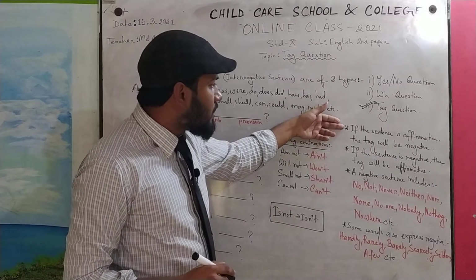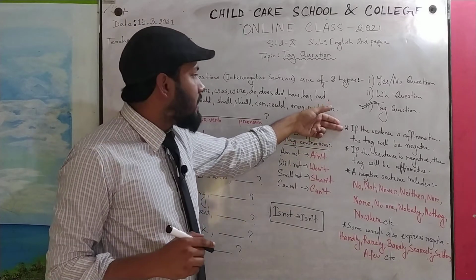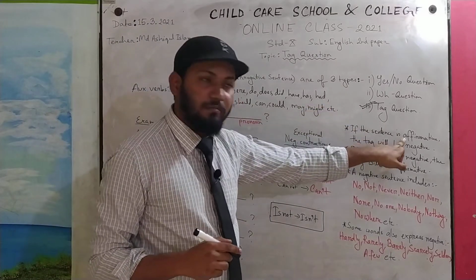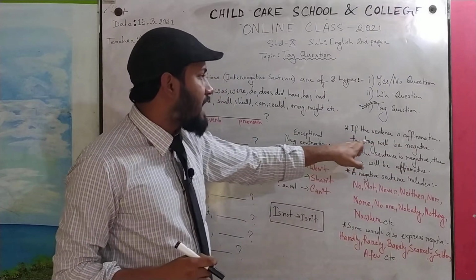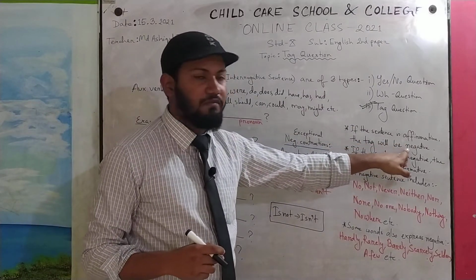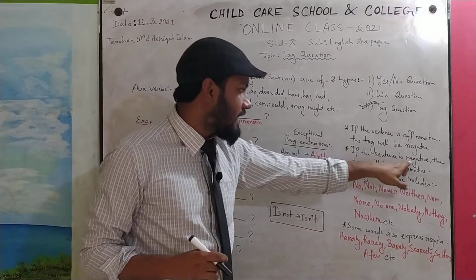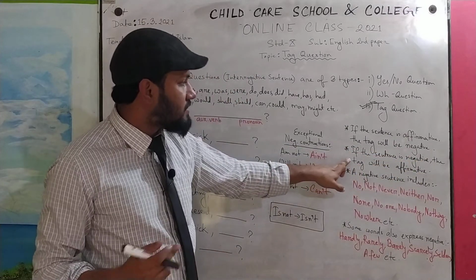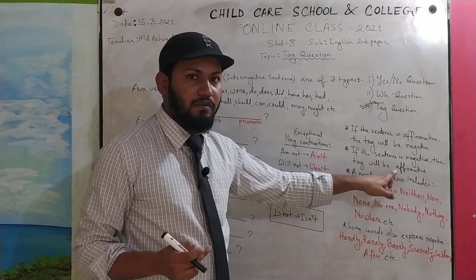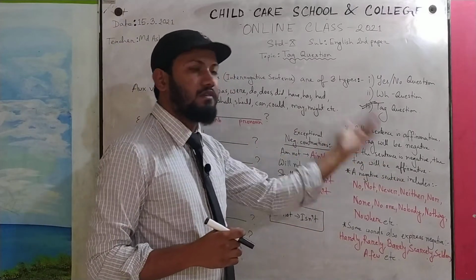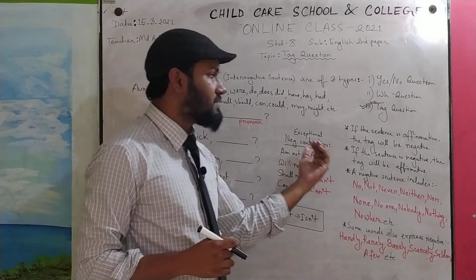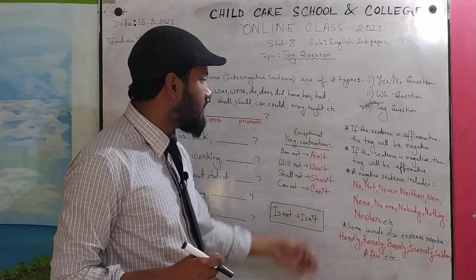If the sentence you are working on is affirmative, that is, it has a positive sense, the tag of that question will be negative. And if the sentence is negative, the tag of that sentence will be affirmative. So it goes kind of like vice versa. If the sentence is affirmative, the tag has to be negative. Again, if the sentence is negative, the tag has to be affirmative.